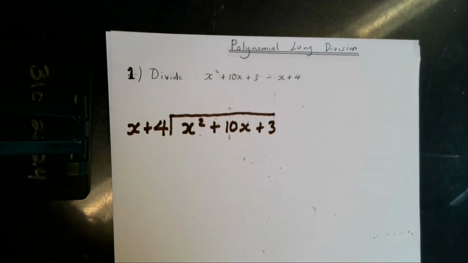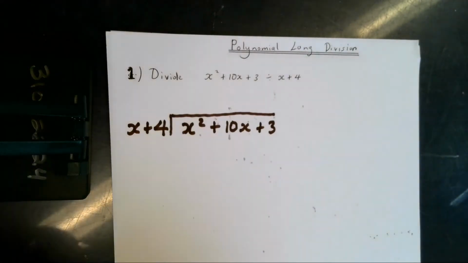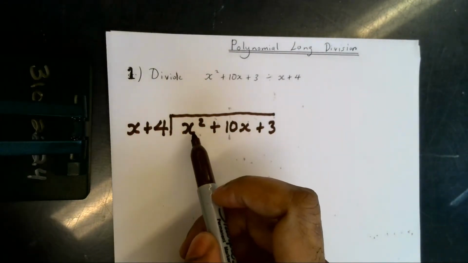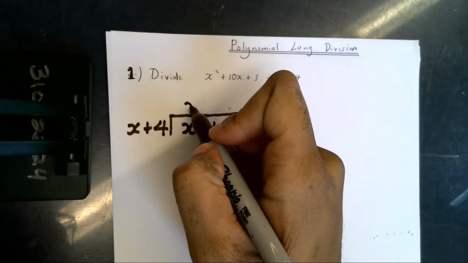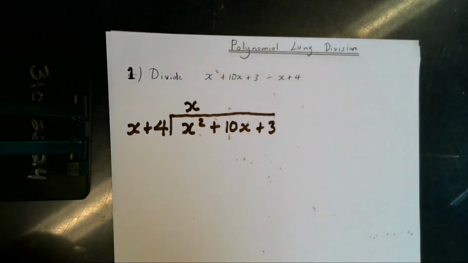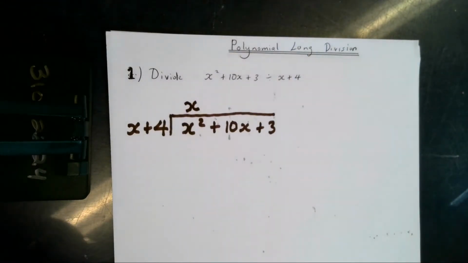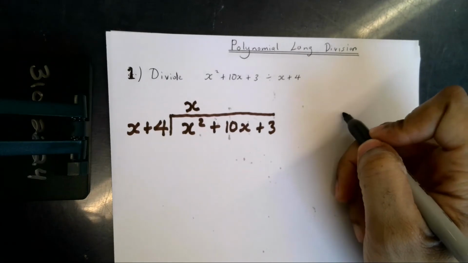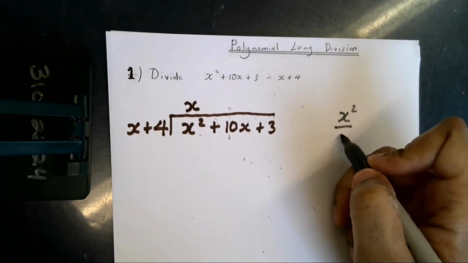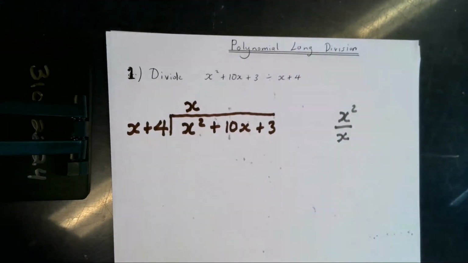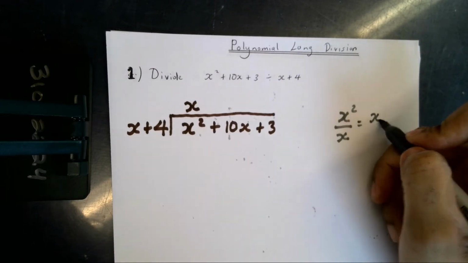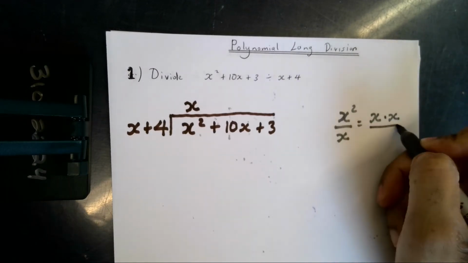The first step is to divide. So I'm going to say x into x squared, and that is x. When I say x into x squared, this is what I mean. x squared divided by x, and that is x times x over x.